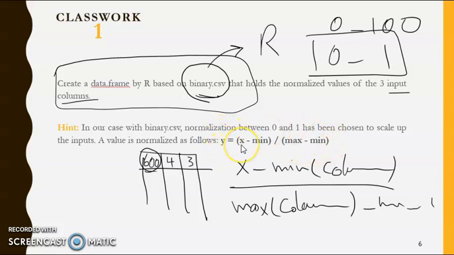And just one question you may ask. You may ask, what? You told us here it is 600, but now in the R page, you are telling us that's a column. Okay, that's a good point about R. Instead of putting each element one by one, you can put all the columns here. So you put all the columns minus minimum of the column over maximum of the column minus minimum of the column.